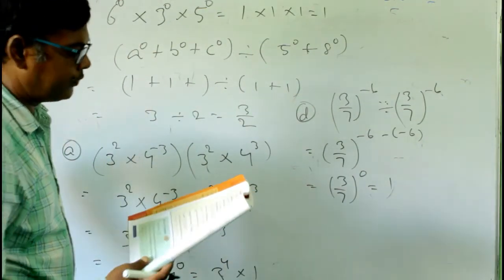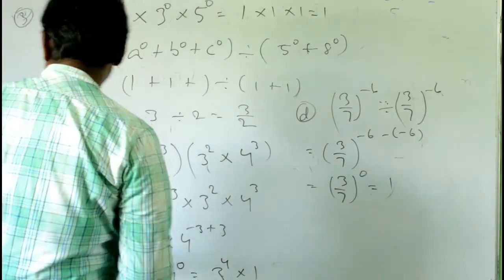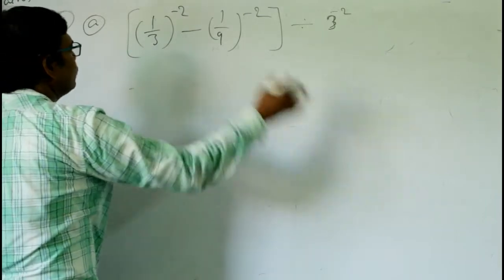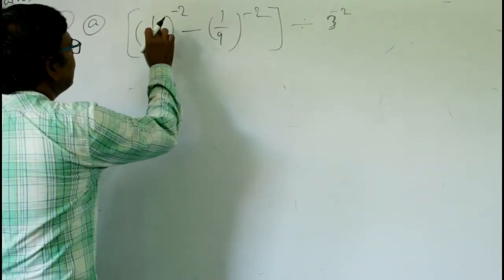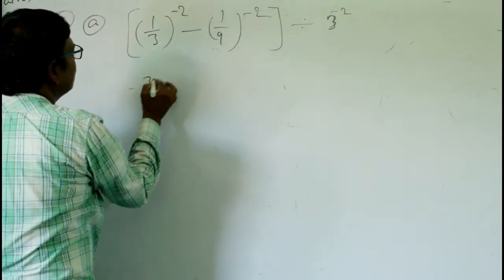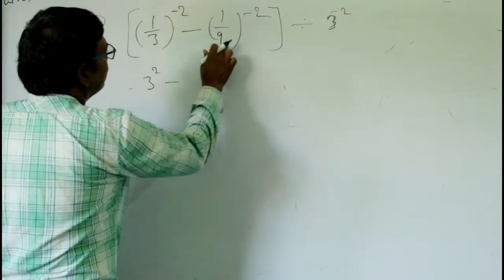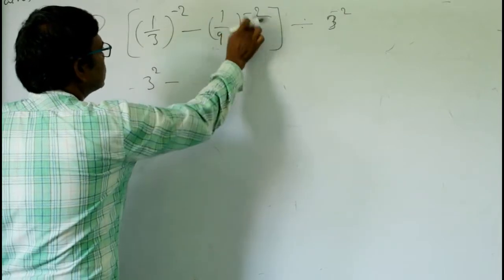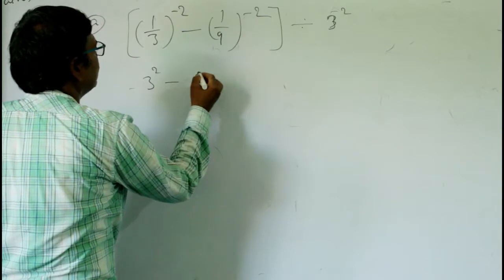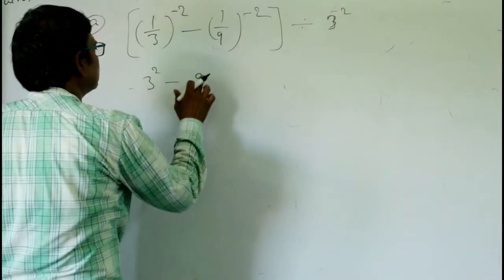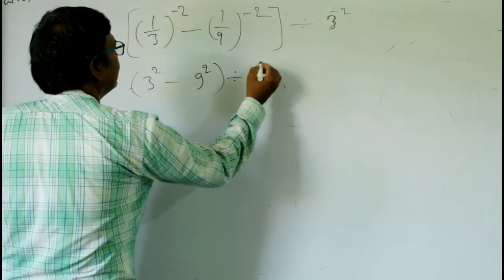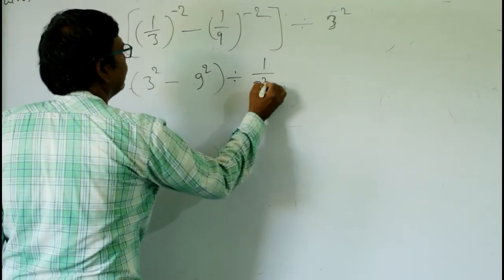And question number 5, evaluate the following. This is the question, and in this we have to simplify. See here that it is (1/3)^-2, so it will be written as 3^2, and then (1/9)^-2 will be written as 9^2. So 9 to the power 2 here, and this will be divided by (1/3)^2, because the power is negative.